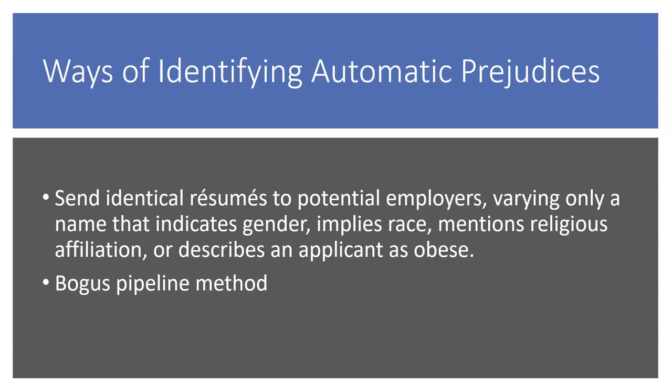So participants were randomly assigned in some of this research to conditions where they either were wired up to the bogus pipeline, the fake lie detector, or they weren't. And people tended to own up to their negative prejudicial attitudes more often when they were hooked up to the fake lie detector machine than was the case when they were not.